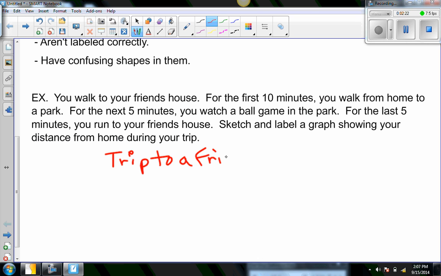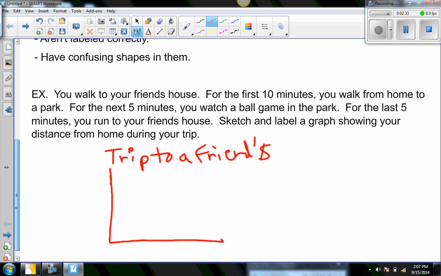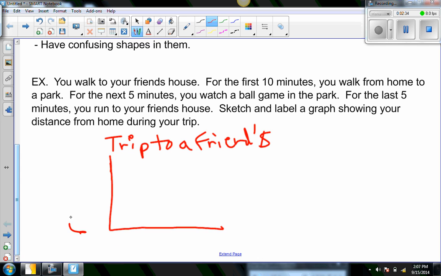Ignore my horrible writing. So here's my graph. Over here, I'm going to label this distance, and I'm going to label the other one time.